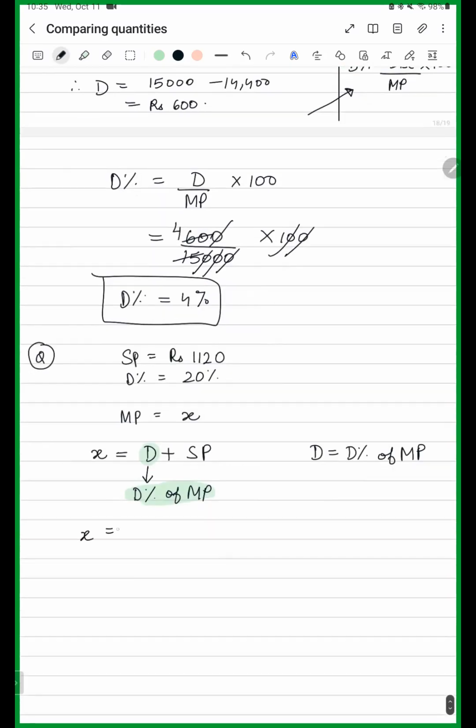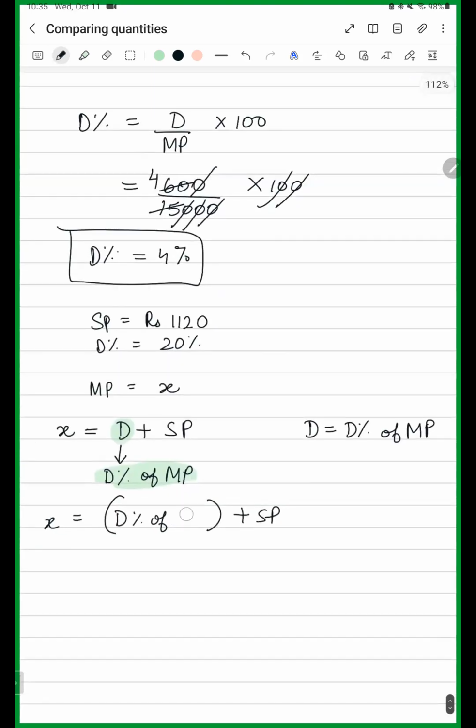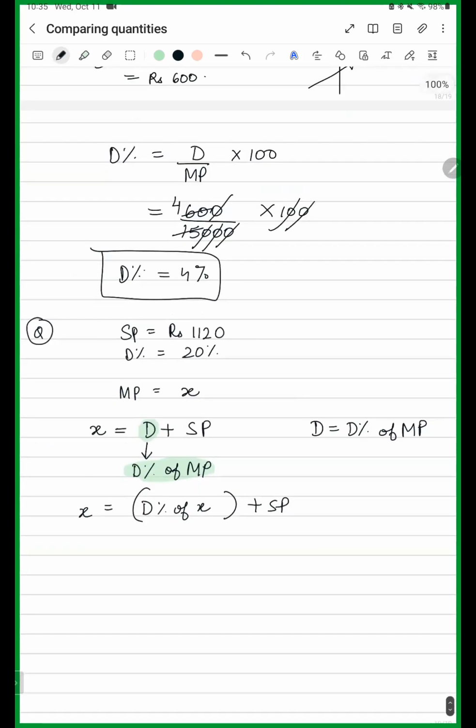So it will be X is equal to D% of MP plus SP. Wait a minute. First of all, MP is what? MP is X, right? Now we will write all the values: 20 divided by 100 multiplied by x plus 1,120.